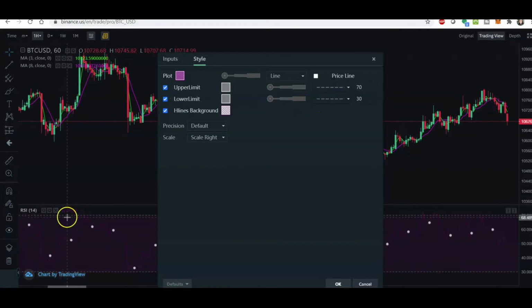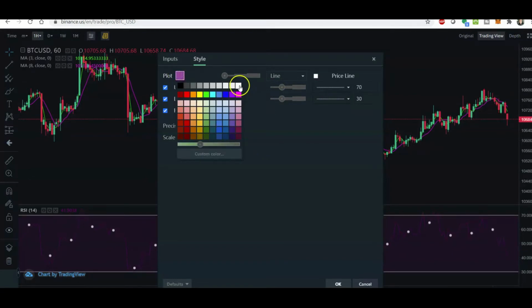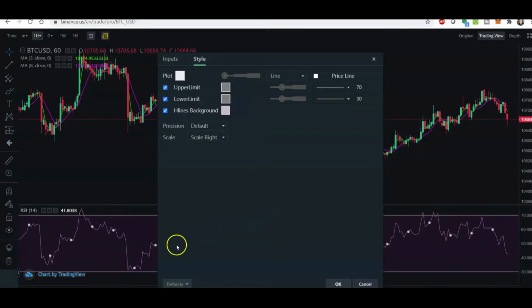I do not like these dotted lines, so let me get rid of those first. And I think I want them a little thicker. And I'm going to change this plot to white. Okay, I think that should do for now.